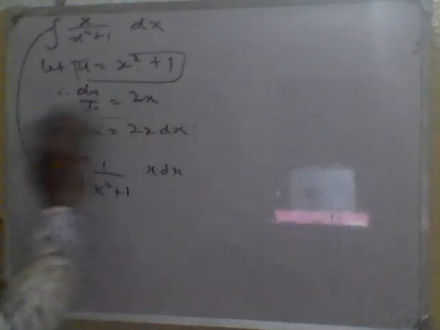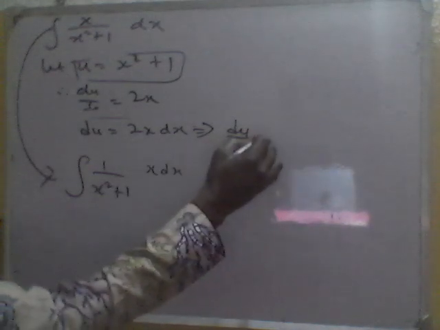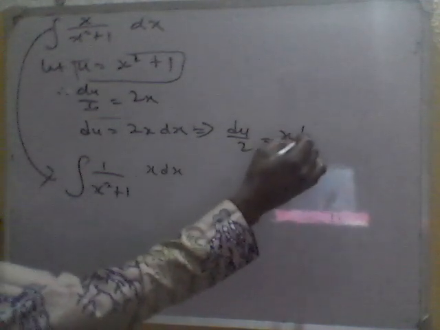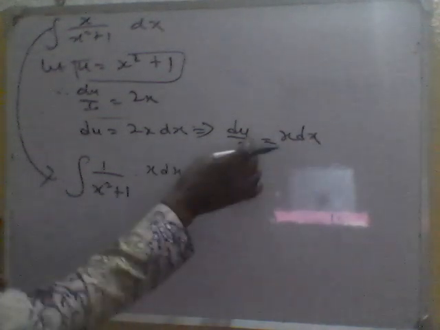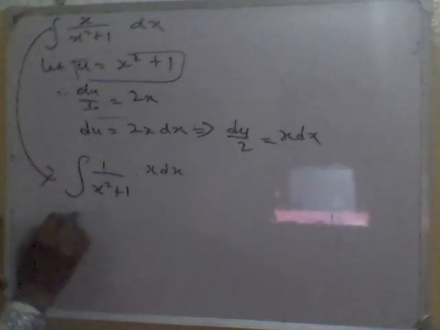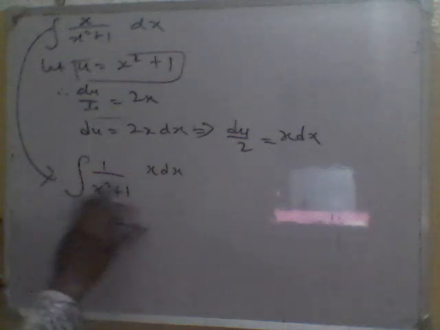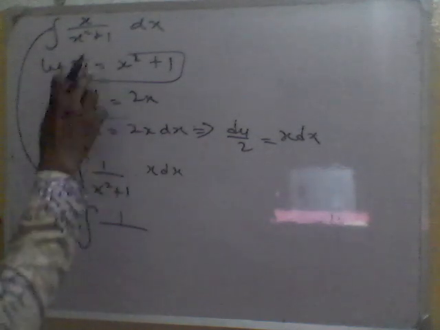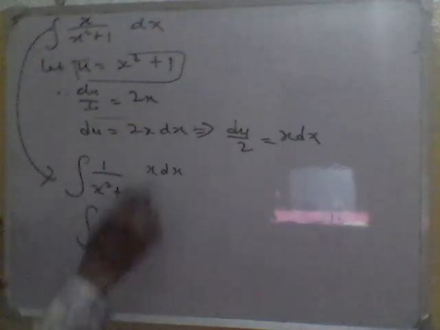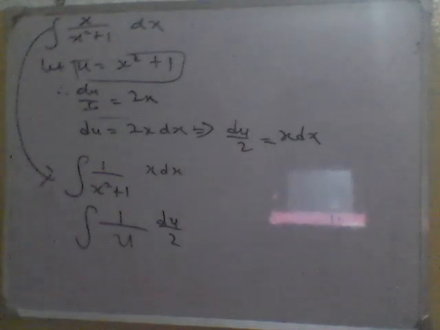Let me remove this. I can change this one to du over 2 equals x dx. So when I see x dx, I put du over 2, right? So I write this one again, I say integral 1 over, wherever I see x squared plus 1, I put u, right? Then this one is the same thing as du over 2, okay? Du over 2.